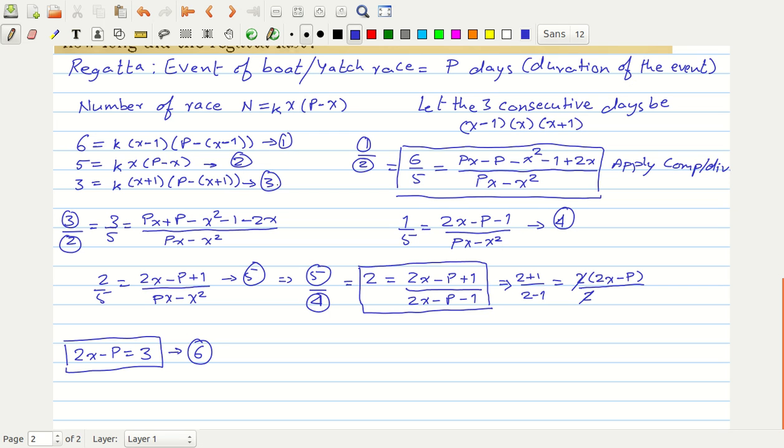Now again let us look at equation number 4.